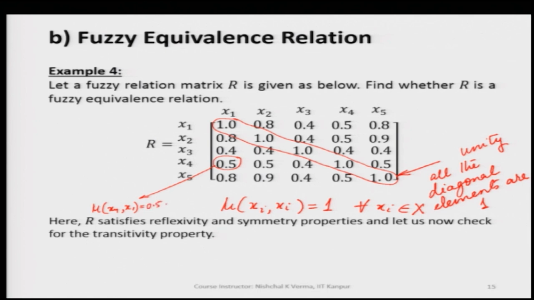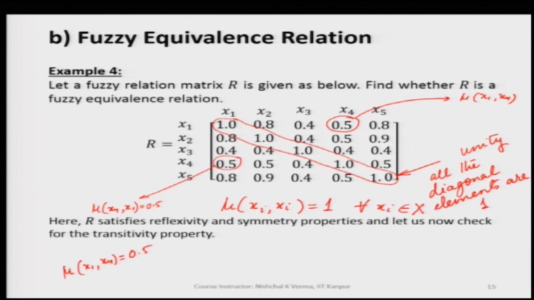Now, let us interchange the rows and columns here, and we see that mu of x1, x4 is also 0.5.